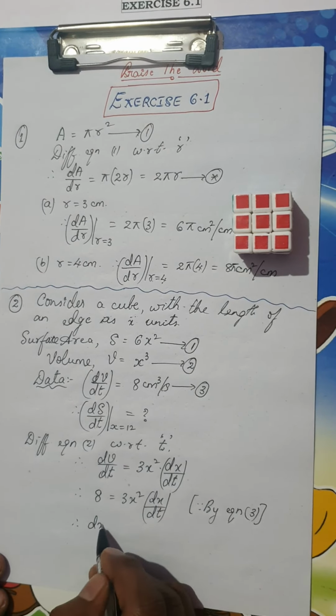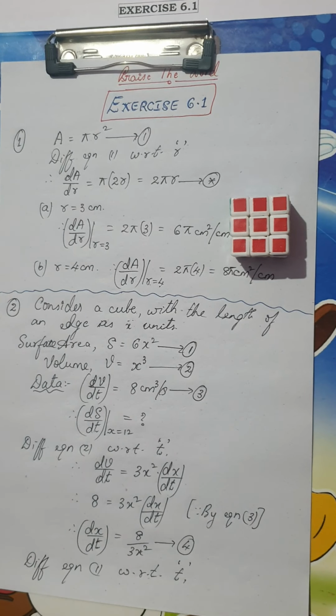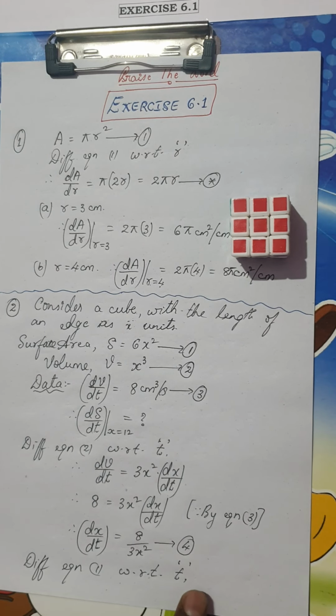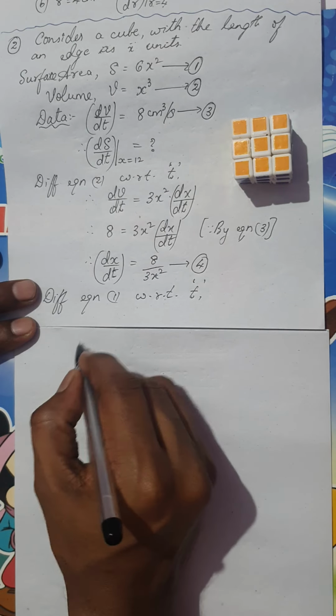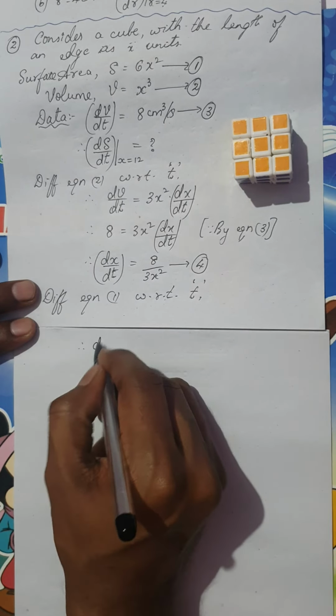Now, I am going to differentiate equation 1. Differentiating equation 1 with respect to t again, because these are rate measure problems. You are differentiating with respect to t. Let us see what happens. Therefore, I will get dS by dt is nothing but 6 is a constant.